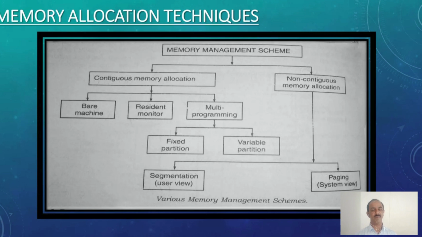In continuous memory allocation we have three things: we can call it a bare machine, a resident monitor, and multi-programming. In multi-programming we have the fixed partition and the variable partition. On the other side, non-continuous memory allocation is divided into segmentation, which you can call the user view, and paging, the system view.